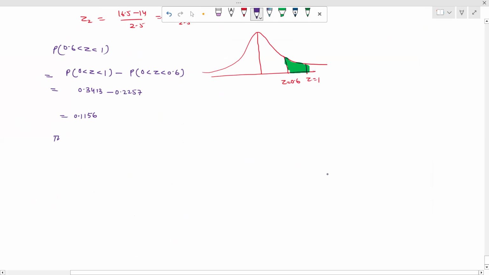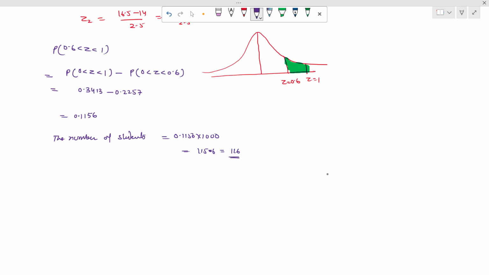So the number of students is 0.1156 into 1000, equal to 115.6, approximately 116. Hope you understand.